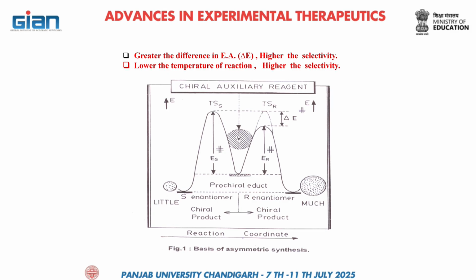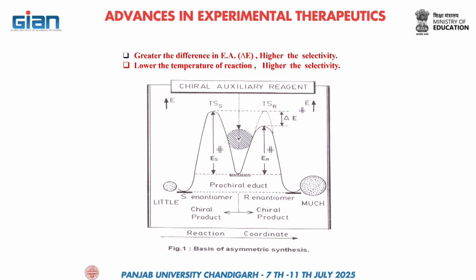Okay. So if you start from the prochiral adduct, now can you see in the figure which enantiomer is in larger quantity? That is the R one. The S enantiomer is very little. Why? If you see the comparison, the change in energy with respect to R and S has been done with the presence of some chiral auxiliary reagent.